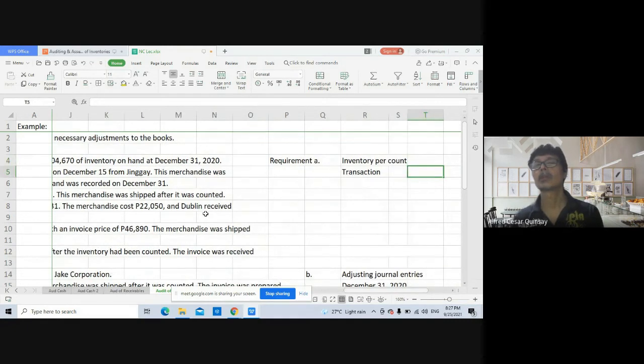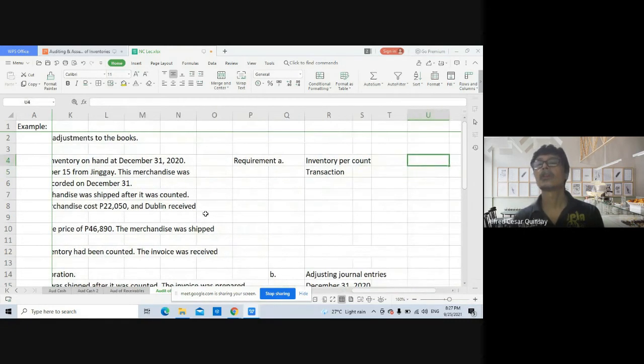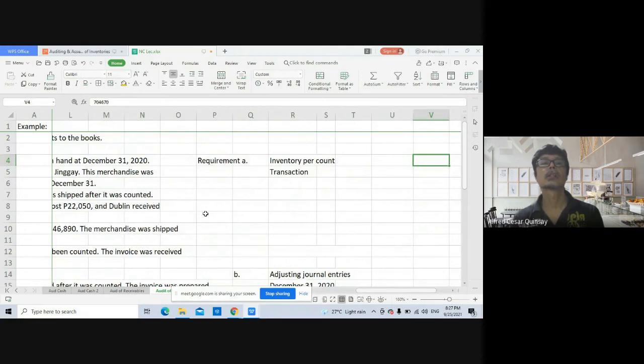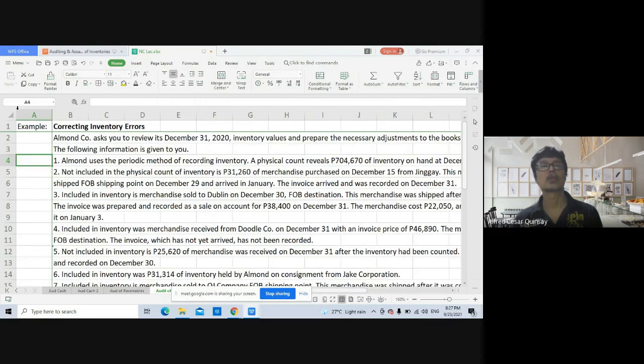So put it here: inventory per count is 704,670. So what will we add and deduct to get the correct inventory balance for the company as of December 31, 2020?